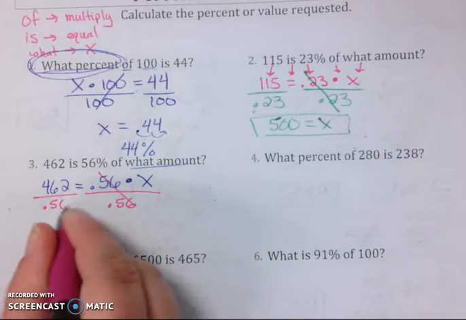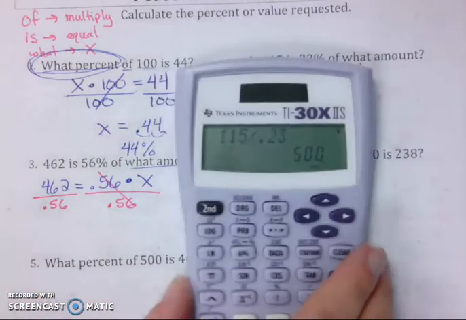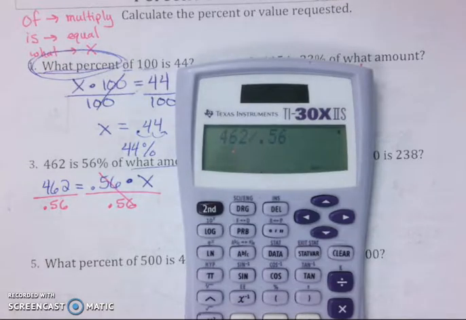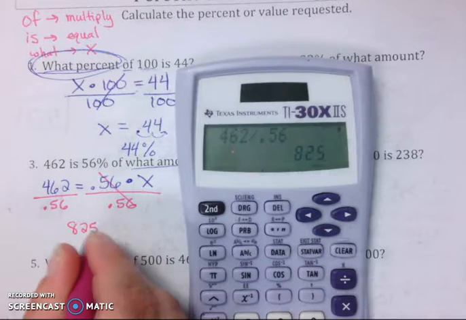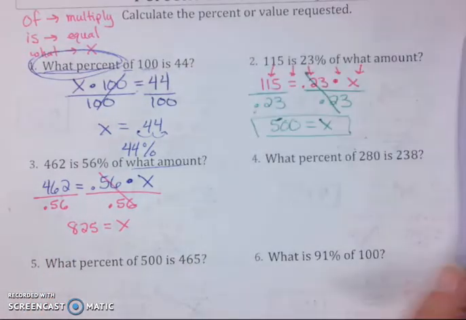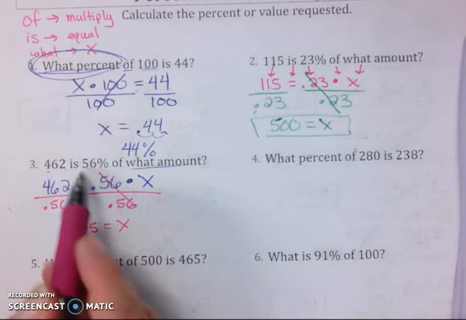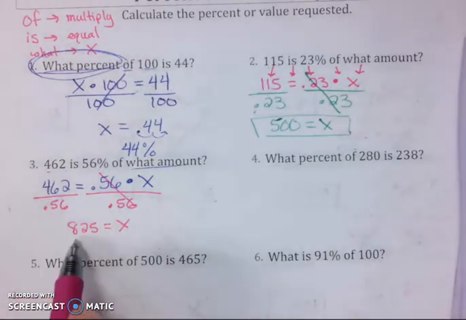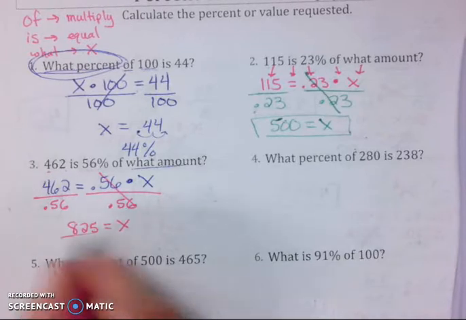And what you do to one side, you have to do to the other side to get our answer. So I got 825. Does it make sense? 462 is 56%, so that's about half. So yeah, that's around half of 825. So our answer makes sense.